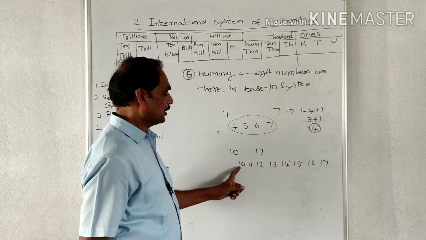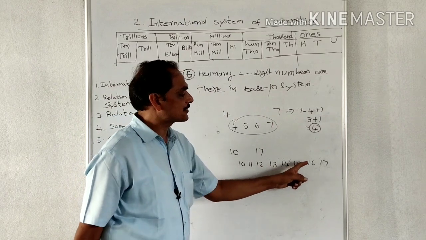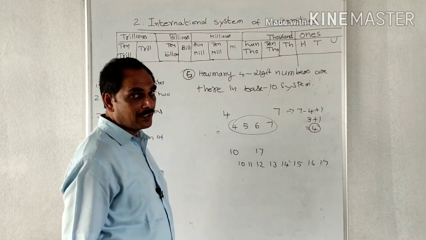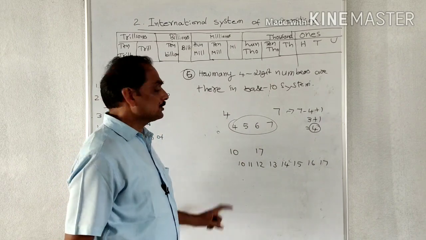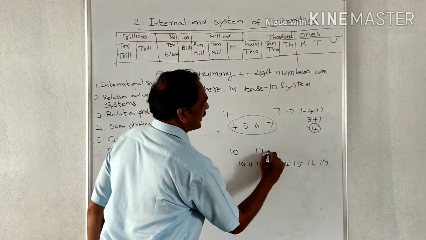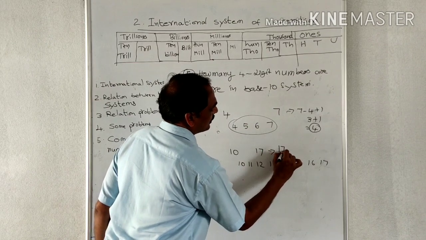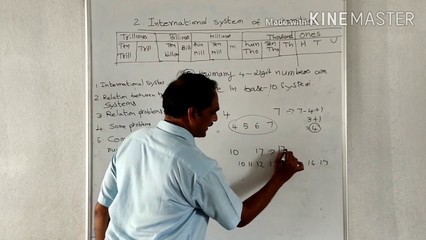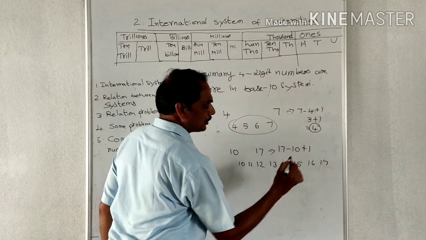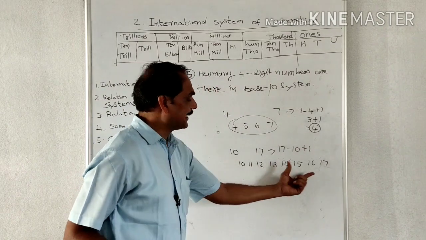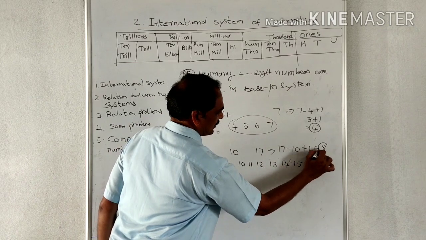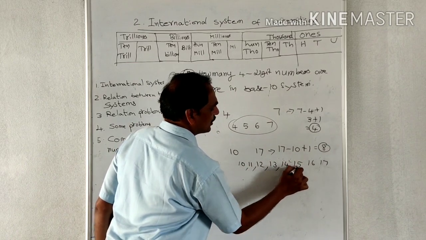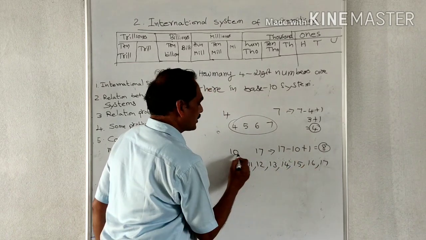Now we count them: 1, 2, 3, 4, 5, 6, 7, 8. So there are 8 numbers from 10 to 17. So we subtract the smallest number 10 from the biggest number and add 1 to that. Then we get 8. So 17 minus 10 is 7, plus 1 is 8. So here also we have 8 numbers from 10 to 17.